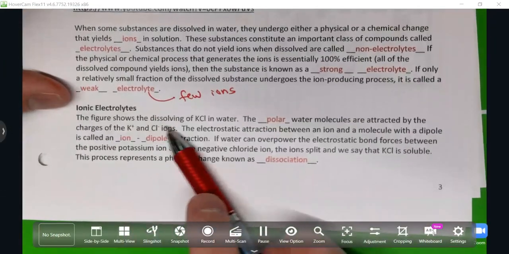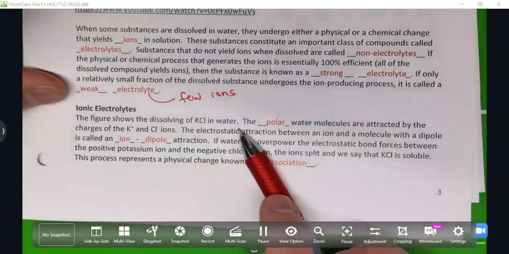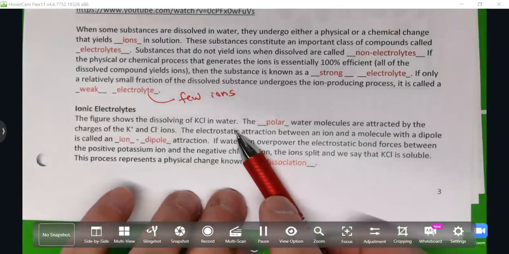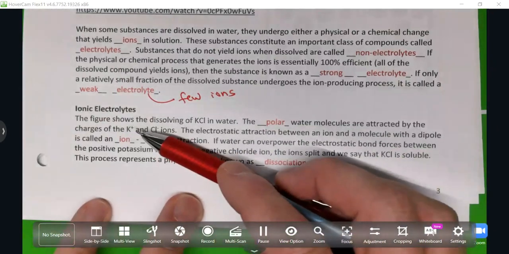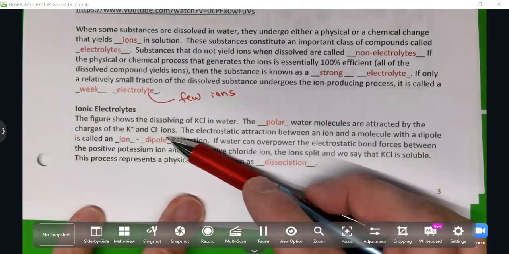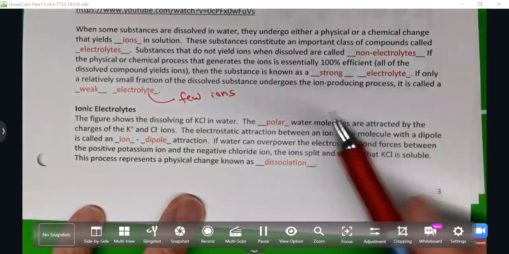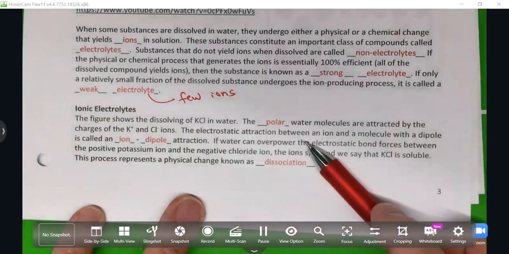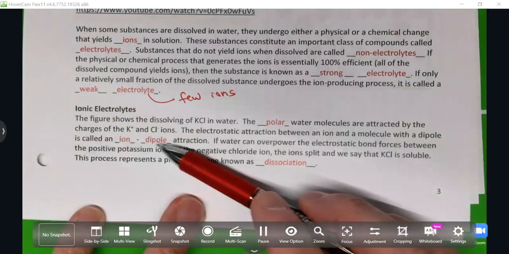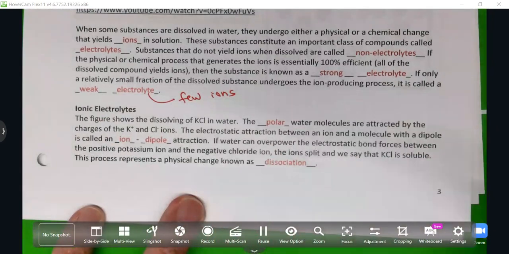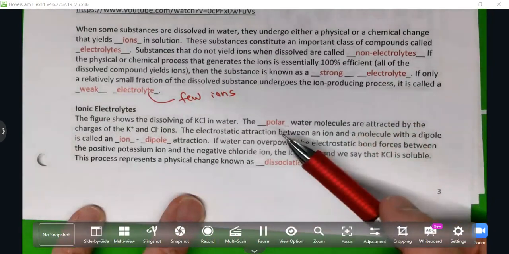The figure on the next page shows the dissolution of KCl in water. It says the polar water molecules are attracted by the charges of the potassium and chloride ions. The electrostatic attraction between an ion and a molecule with a dipole is called an ion-dipole attraction. We'll look at that on the next page.